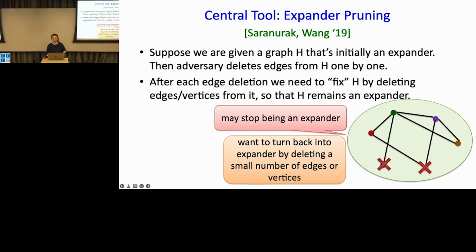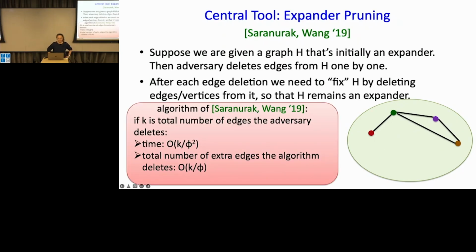So maybe these are the vertices we prune out. Saranurak and Wang produced a really cool algorithm for this problem. The running time is close to linear in the number of edges that the adversary deletes. And the number of extra edges that our algorithm deletes is also very close to proportional to the number of edges that the adversary deletes. So we don't delete that many extra edges.